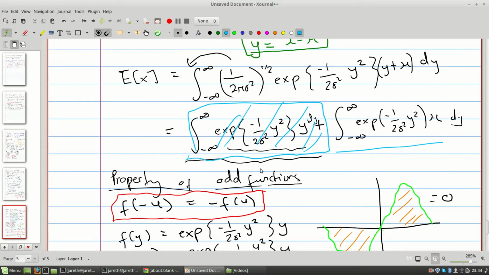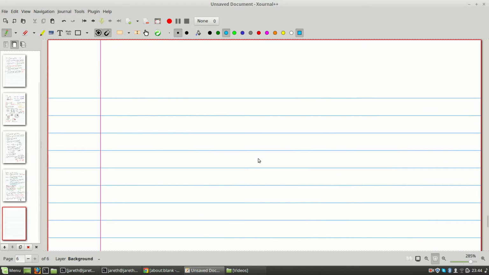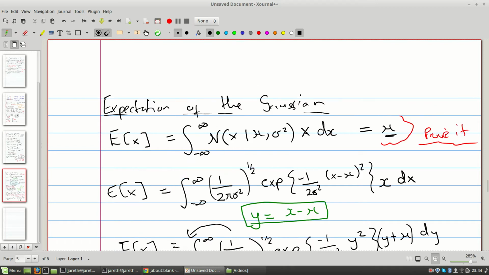So let's do that. We're running out of paper, so I'm going to open a new page. What was it? Let me go back to where we were.